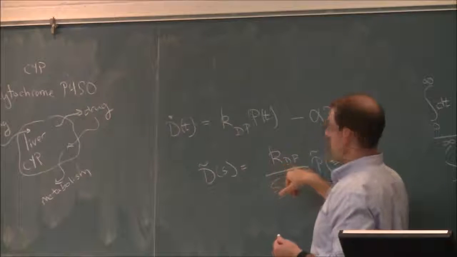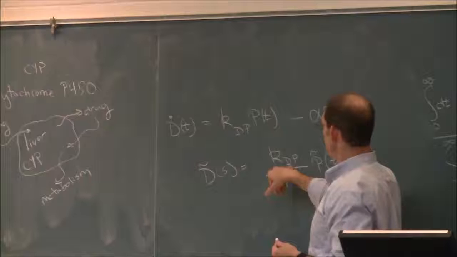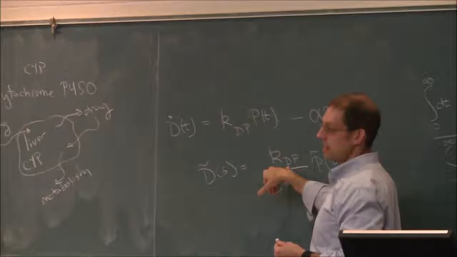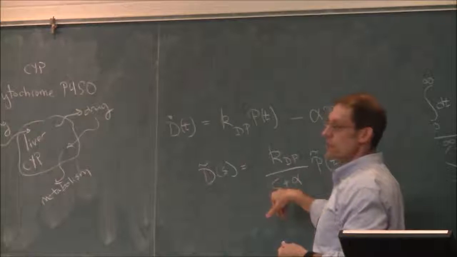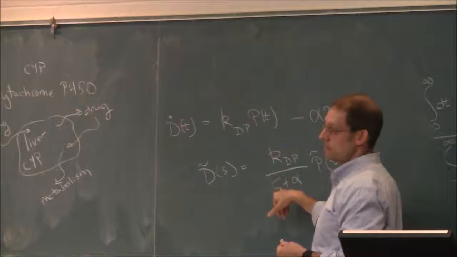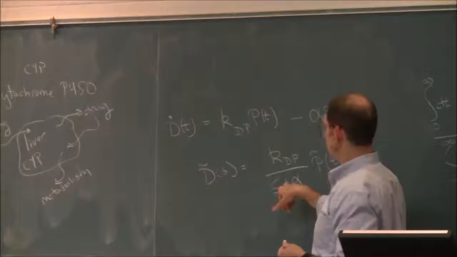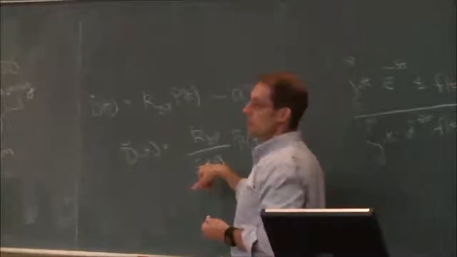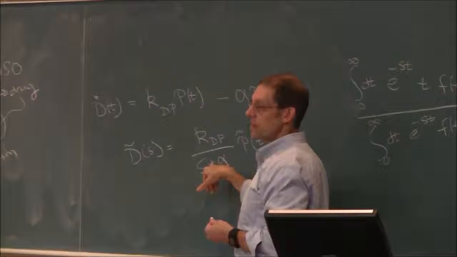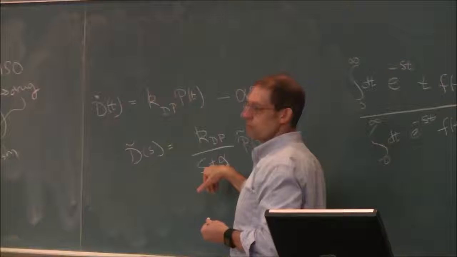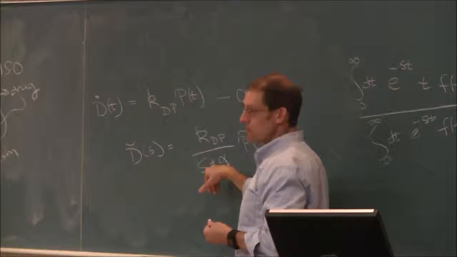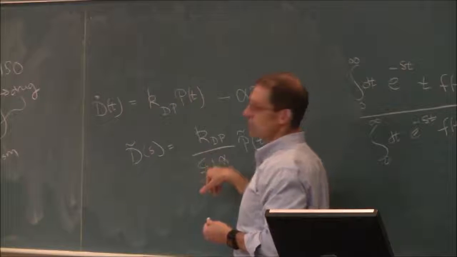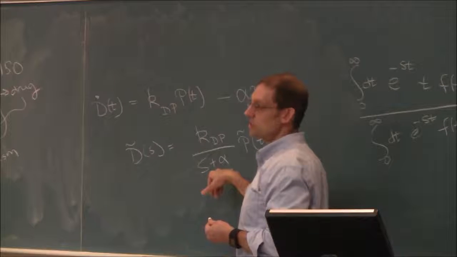So if k prodrug to drug is smaller, then we decrease the gain and we don't really do much to the response time, it's still the same. If we reduce the degradation rate either because of genetics or because of an environmental factor like grapefruit juice, then we increase both the gain and the time of response, and somebody's a super responder.